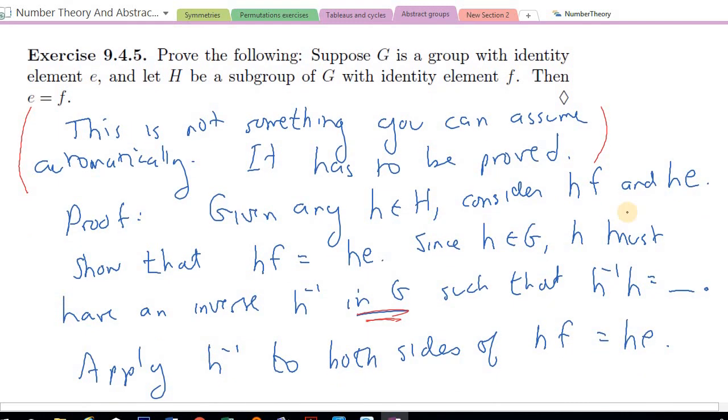All right, so since h has an inverse in the big group, you can apply h inverse to both sides of this equation, hF equals hE, and then figure out what you get. That's going to be a way of showing that these two identity elements are equal. All right, there might be another way. You might be clever and find a better way. So I'd be interested to see other proofs if you can come up with another proof.